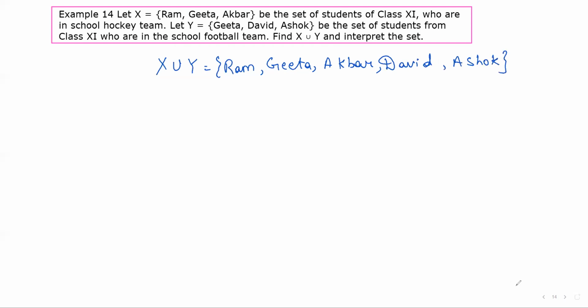Next. It's also mentioned, find X union Y and interpret the set. What do you mean by interpretation? Interpretation means to try and understand what you calculated.